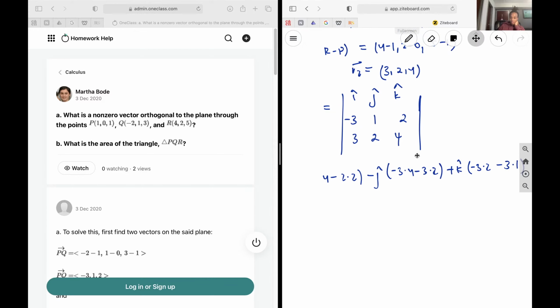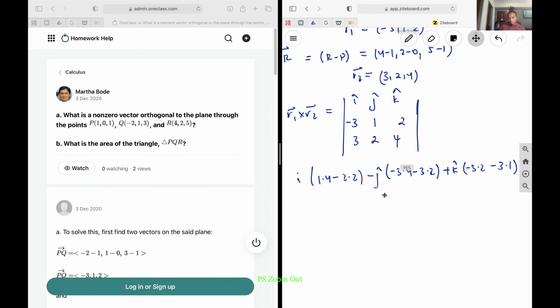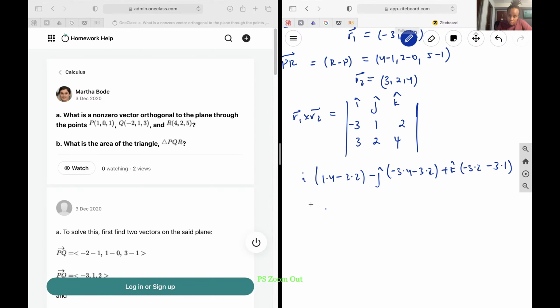Okay, and so I'm just going to write that down as a vector. So I will get n is equal to 4 minus 4, so 0. For j, I will have -12 minus 6, so -18, but it's by -1, so that's just going to be 18.